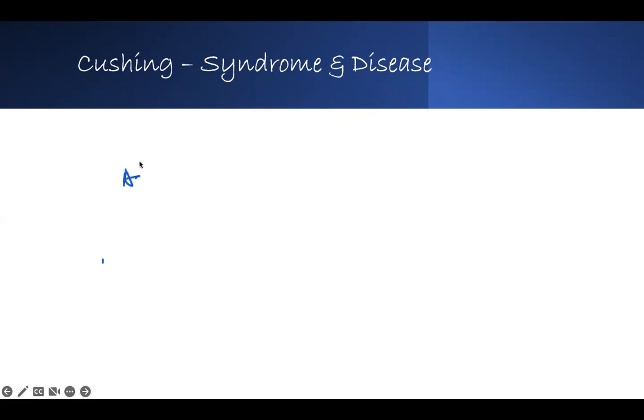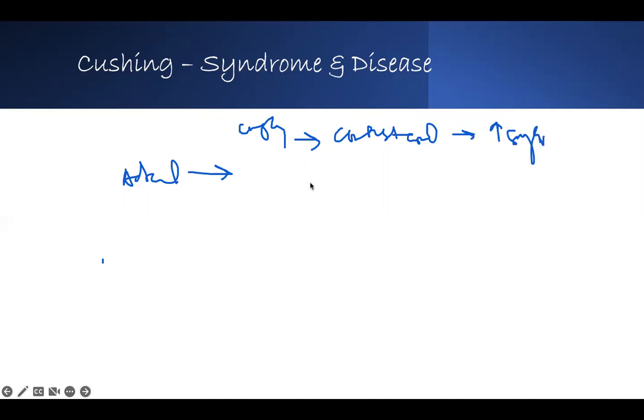Sometimes the adrenal gland makes too much steroid. Cushing means too much corticosteroid, mostly corticosteroid, whose main function is to increase your sugar.